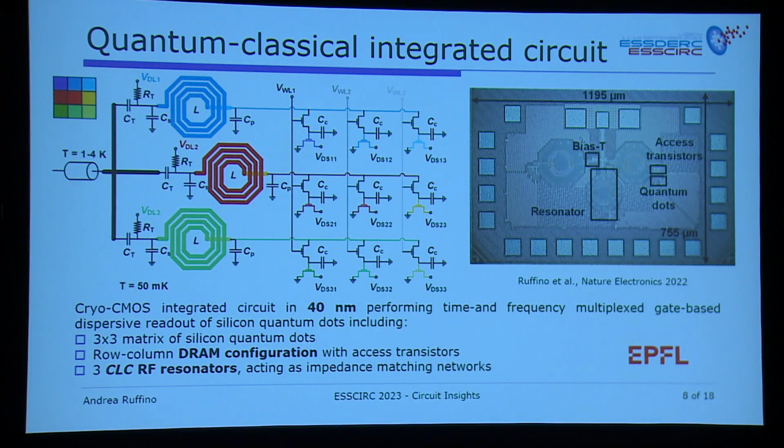And then there is a set of 3 radio frequency resonators, which are CLC resonators, which are used as impedance matching networks. So for example, here you see the combination of some circuits which are pertinent to the RFIC design world, such as the resonators, and circuits which are more in the digital domain, such as DRAM configuration.